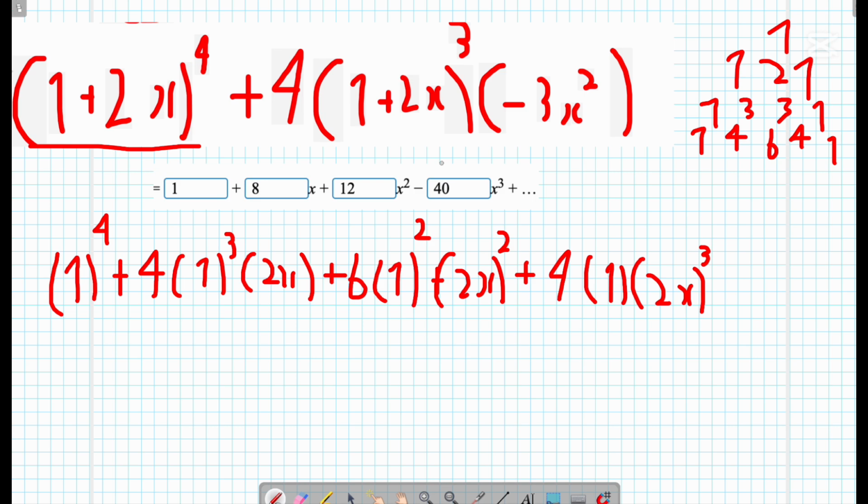And then (2x) to the 4 doesn't matter because it will be more than x to the 3.